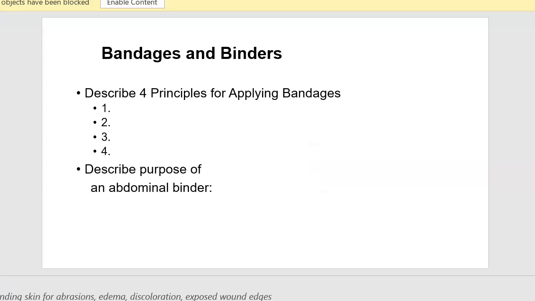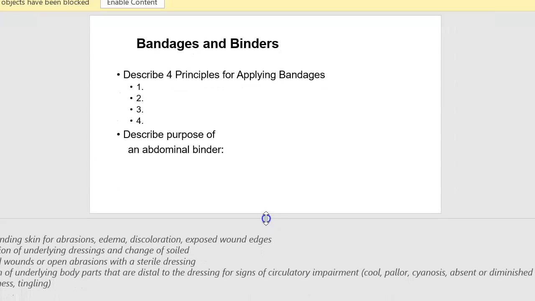When it comes to bandages, you should know that we have principles for applying them. You always want to inspect the surrounding skin for abrasions, edema, discoloration, exposed wound edges. Inspect the condition of underlying dressings, and change if the dressing is soiled. Cover exposed wounds or open abrasions with a sterile dressing.